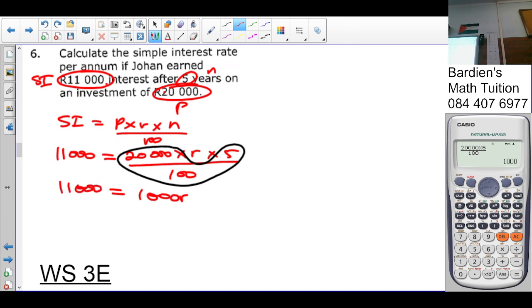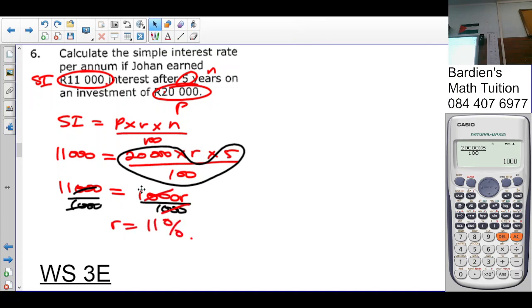How do I get R on its own? Divide by 1,000 both sides. So R works out to be 11%. Do I have to multiply this by 100? No. So that's already your R. So when it's i, then you multiply that value by 100. Okay.